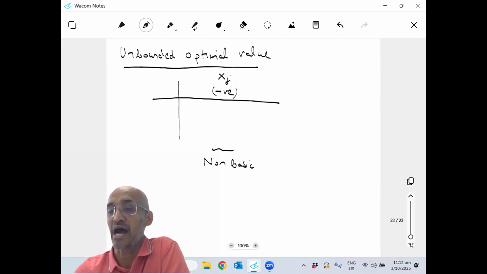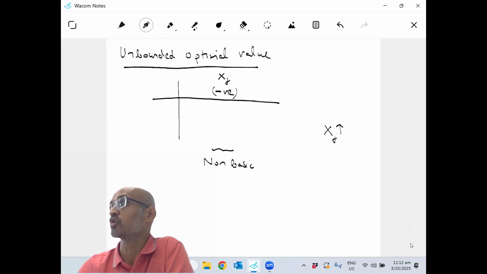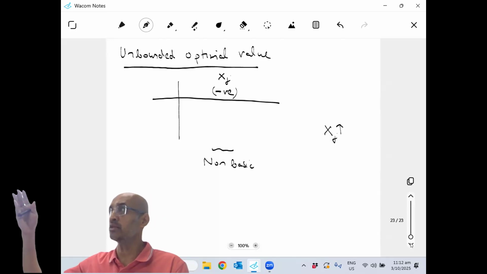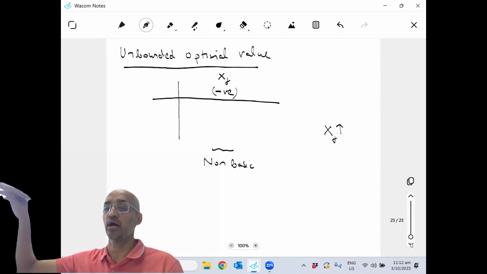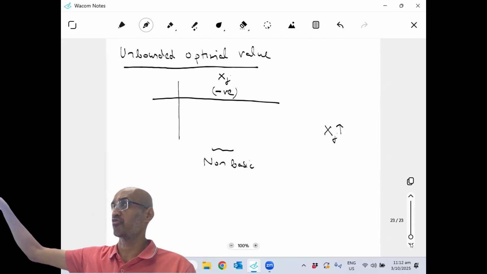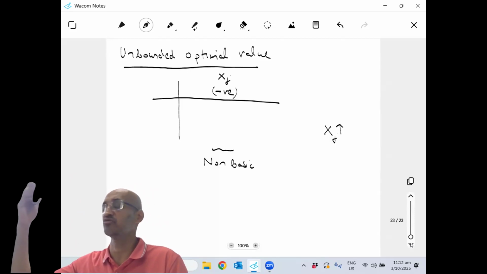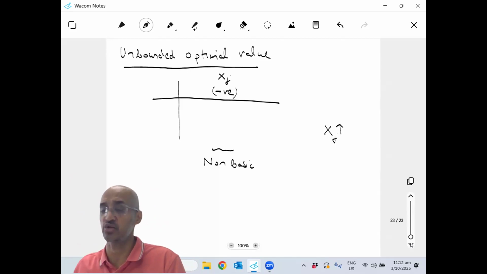Which means what? I want to increase xj. So I want to move in the direction where xj increases at a rate of 1. All the other non-basic variables are at 0, and for the remaining basic variables, I'll find a direction given by this direction vector db.